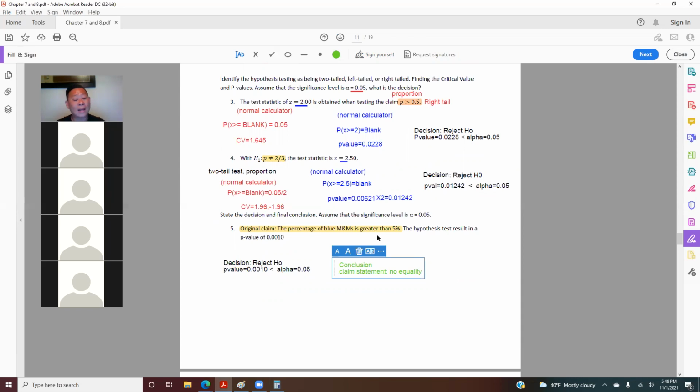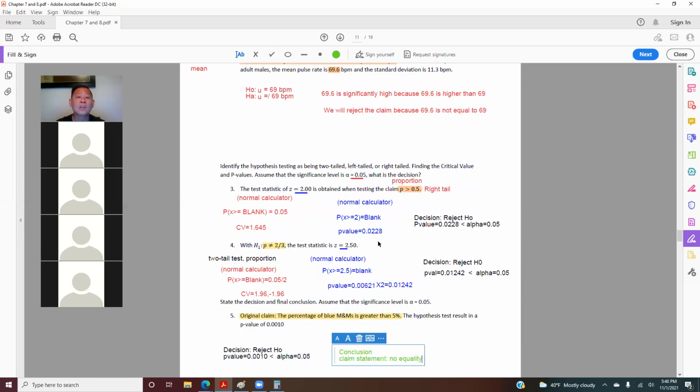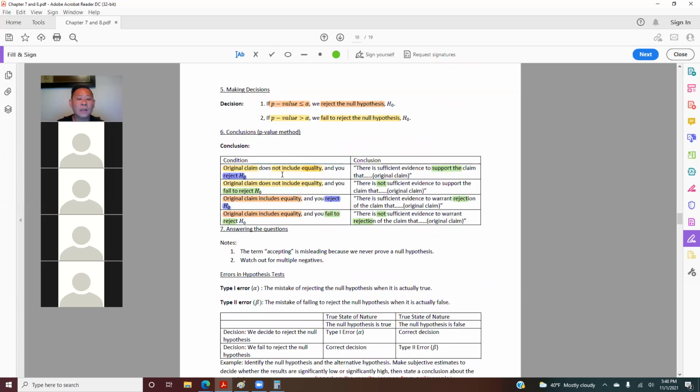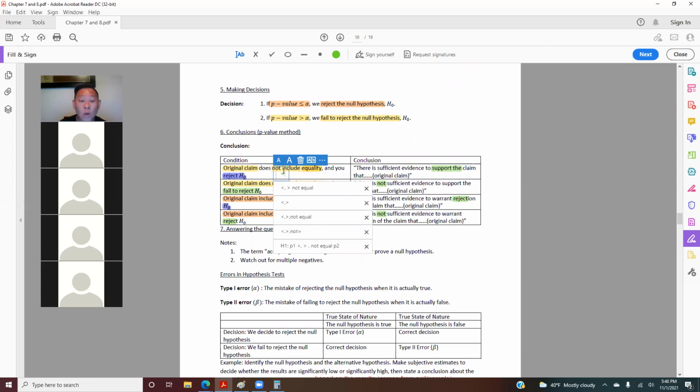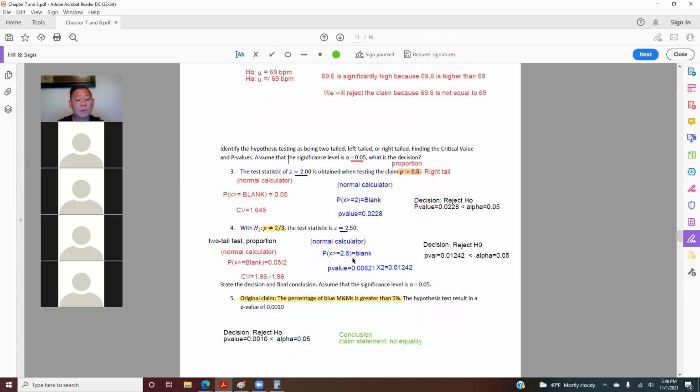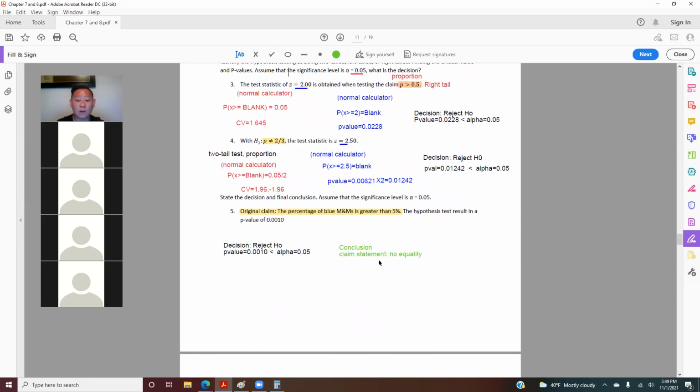Greater than is a right-tailed test, so it's no equality. No equality is where it is less than, greater than, or not equal to. If it's equality, it means exactly equal, so your claim statement has the words equal to. So your claim statement has no equality.